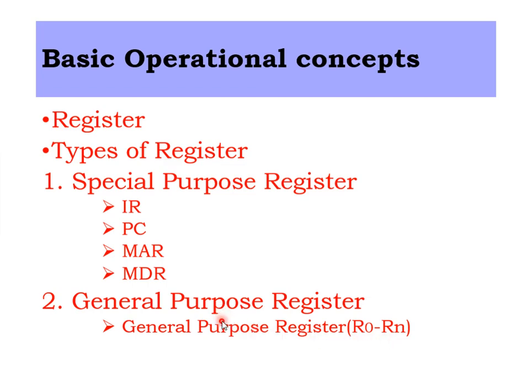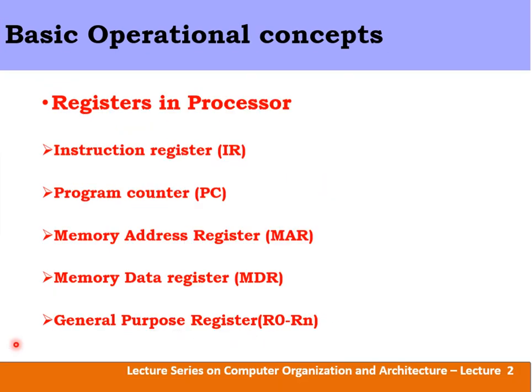So this is regarding the types of registers. Under special purpose registers we have IR, PC, MAR and MDR, and then the general purpose registers. Now let us discuss each of the registers in detail.